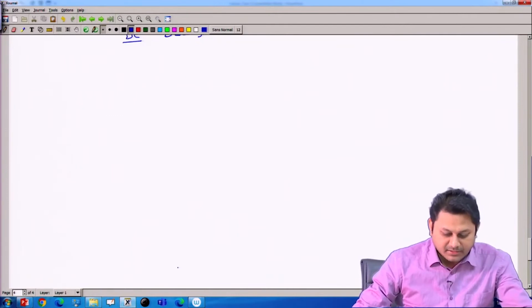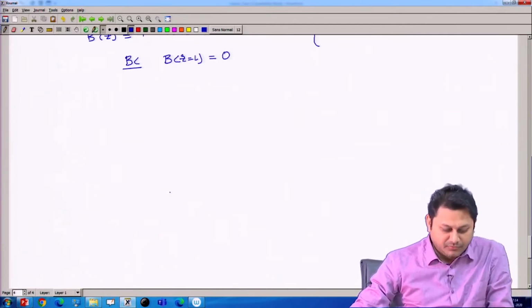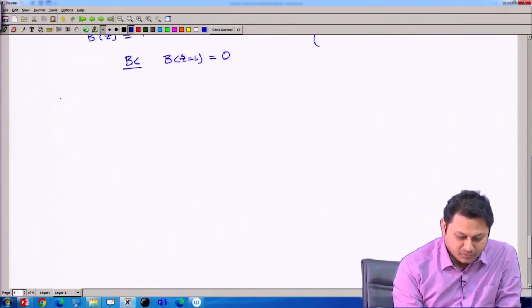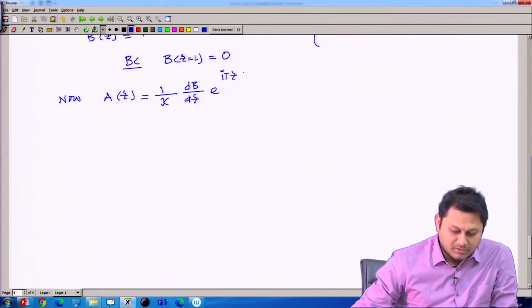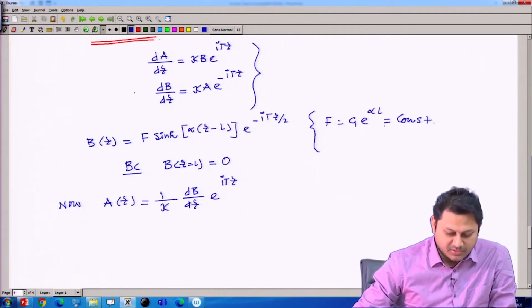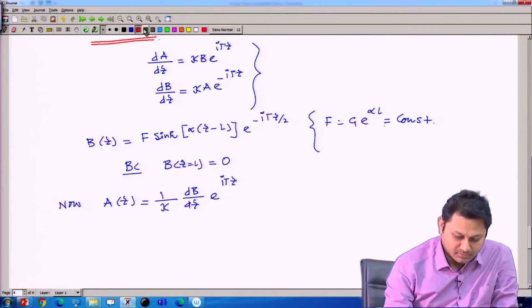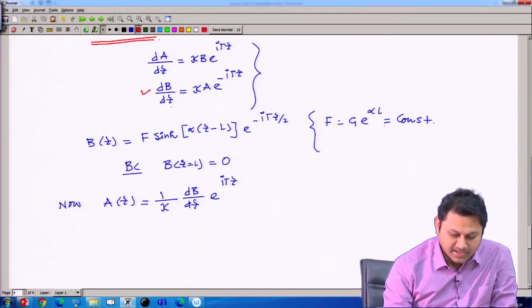Well, after that the next thing we need to find is a. So now a, which is a function of z, we can write simply as the derivative of b with respect to z times e to the power of i gamma z, from the second equation.